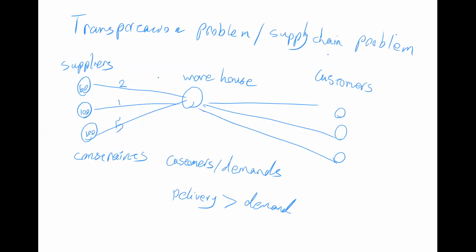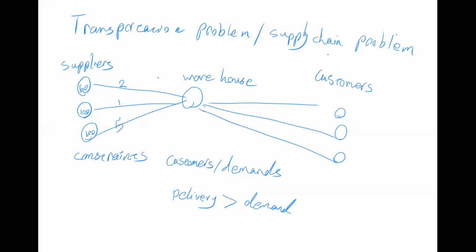You might have more complex problems where, if you don't satisfy your demand, you get some penalties, and it goes through your objective function. But for this class, we won't have that; our delivery should be at least our demand.